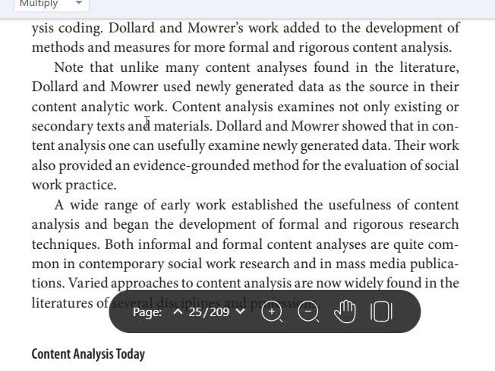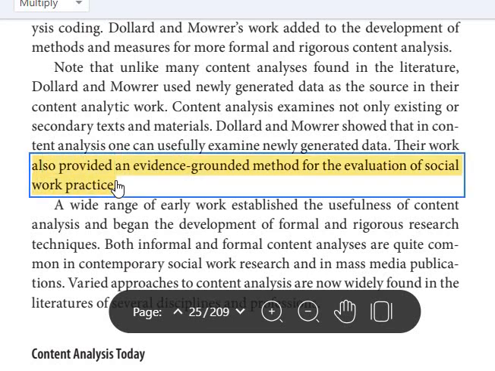Content analysis was actually a new phenomenon, and what they did was great. Their work provided an evidence-grounded method for the evaluation of social work practice, so that I can describe and understand a certain social problem with the use of word counting, with the use of analysis. I want to analyze the content.